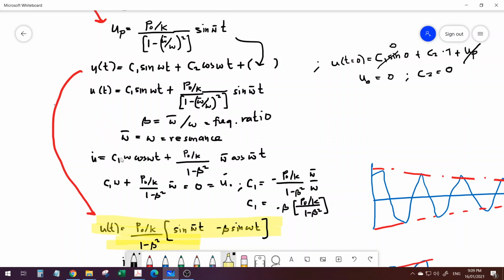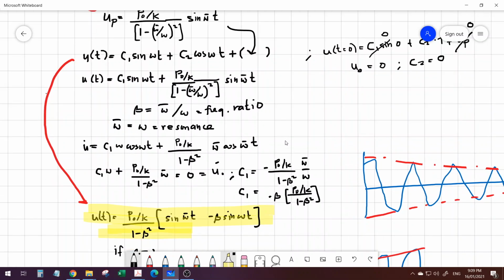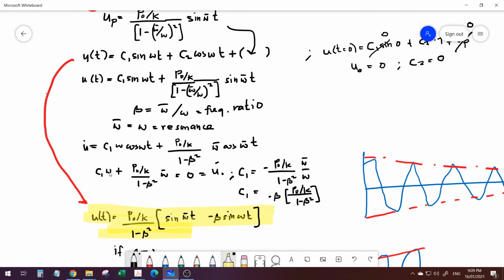U dot is equal to C1 omega cosine omega t plus P naught over K, 1 minus beta squared, zeta omega bar over omega is beta, sine omega bar t. Derivative niyan is omega bar cosine omega bar t. Okay, then equate everything to 0 because our initial velocity u dot is 0.